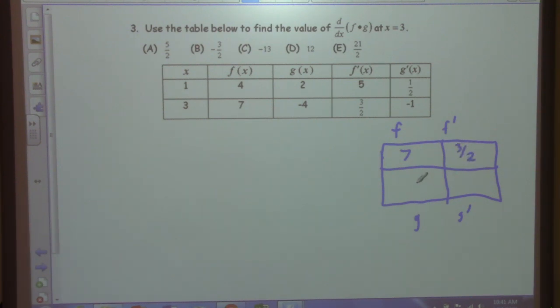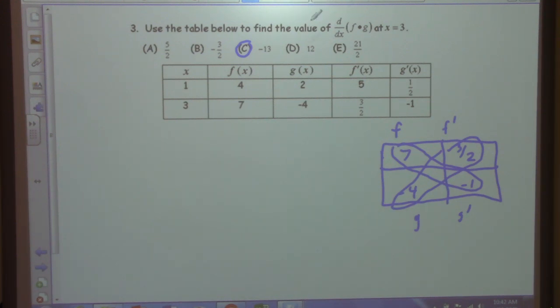It's the product rule. And then for g, you're going to have -4, and you have -1. So it's going to be this plus this. Here's your negative 4 times 3 divided by 2. So here's your negative 6 minus 7. Negative 6 minus 7 is negative 13. There's your answer.